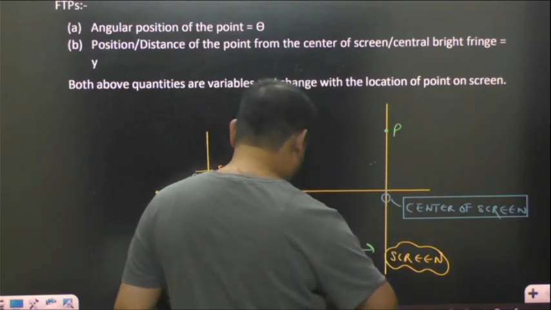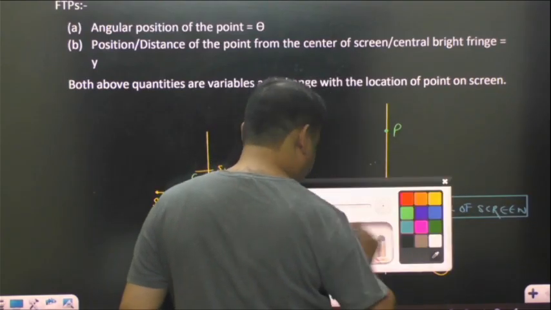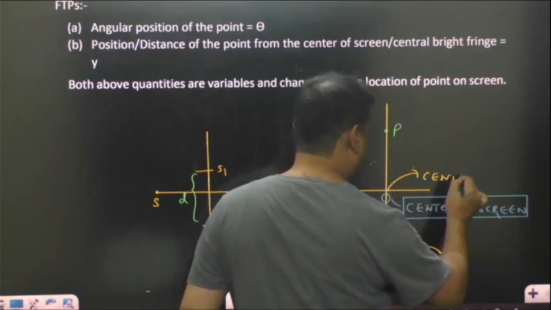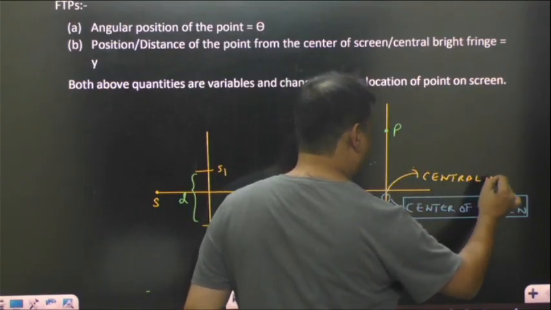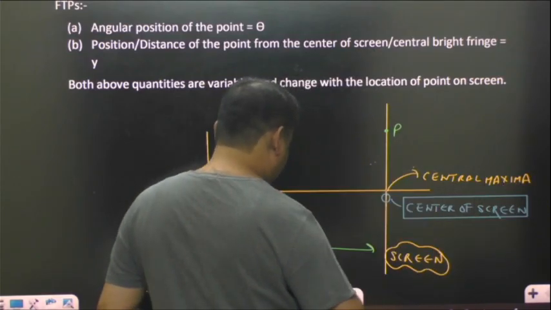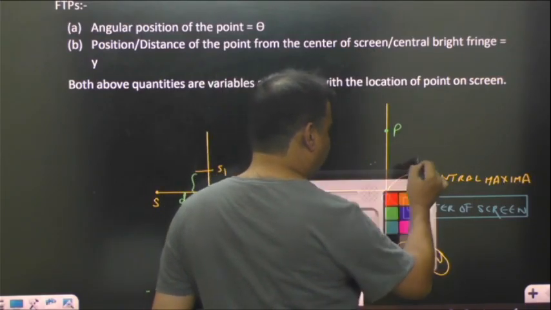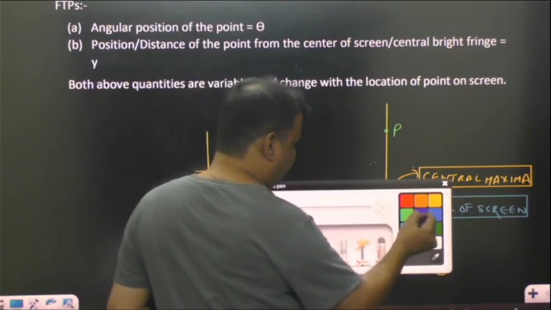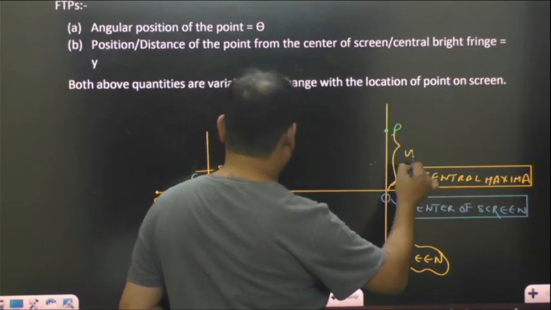So this point is also the central maxima, isn't it? You can also say this point as central maxima or the central bright fringe. So we can define a point with respect to this central point, say by a distance y, okay?